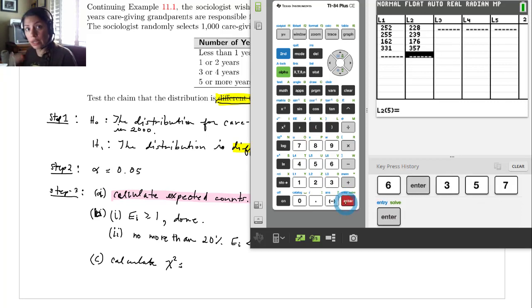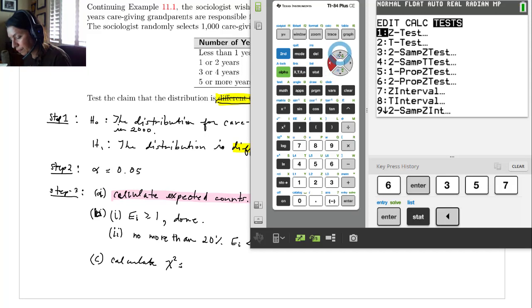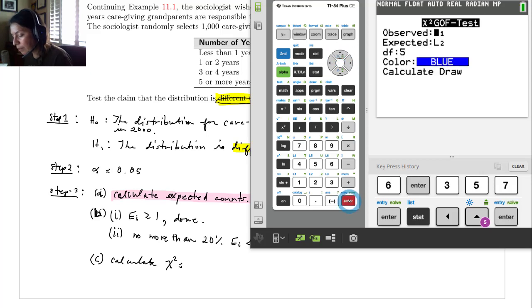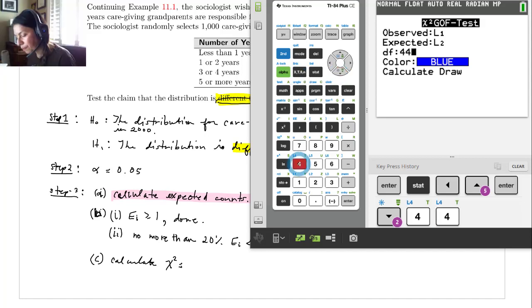And now let's go ahead and go to that stat test in D. My observed I put in list 1, my expected is in list 2, and the degrees of freedom is the number of categories minus 1, and recall that that was 3.